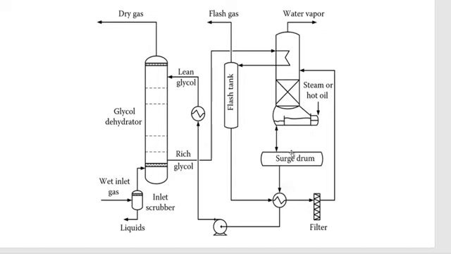Return this clean or lean glycol now by this pump to the tower, and the circulation will continue. Okay. So the idea is very easy. We control the temperature until a certain degree, we can release the water from the rich glycol, and the glycol will become lean glycol again.